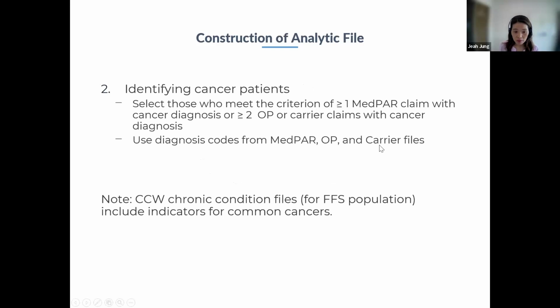Some might ask, hey, the CCW chronic condition file for the fee-for-service population does have cancer indicators, but we didn't use this one because they have only probably four or five common cancers. The other chronic condition file had a little bit more cancer indicators, but still they do not necessarily capture all cancer types. We want to capture all cancer types for our study, so we just used the claims data and identified those with cancer. What's the next step?